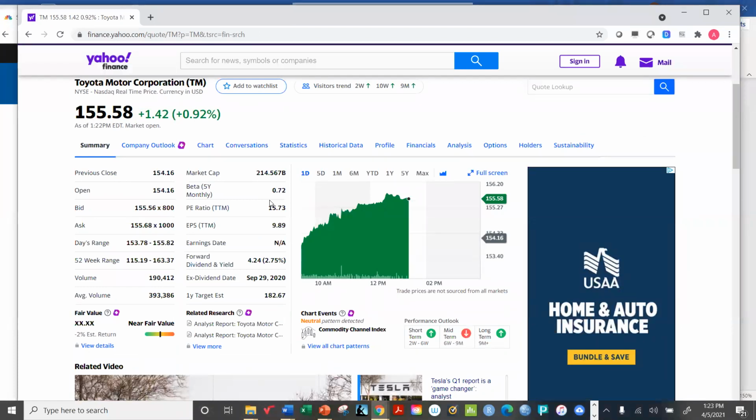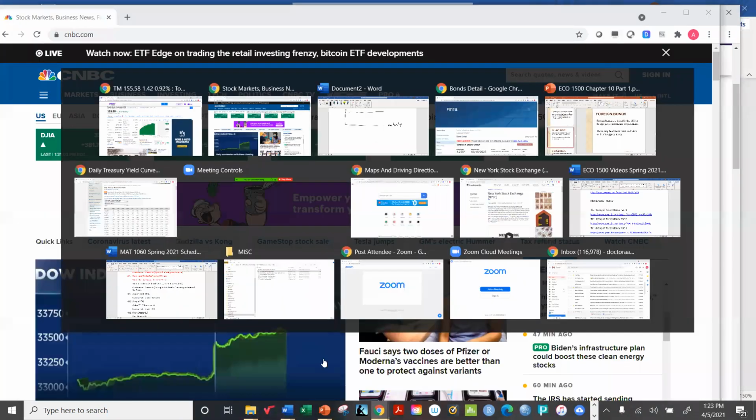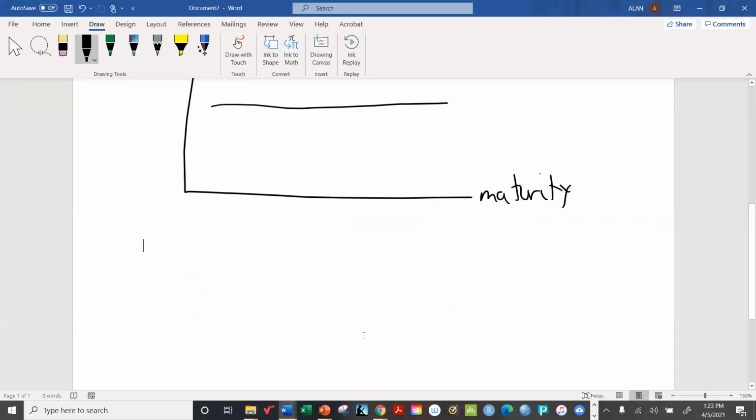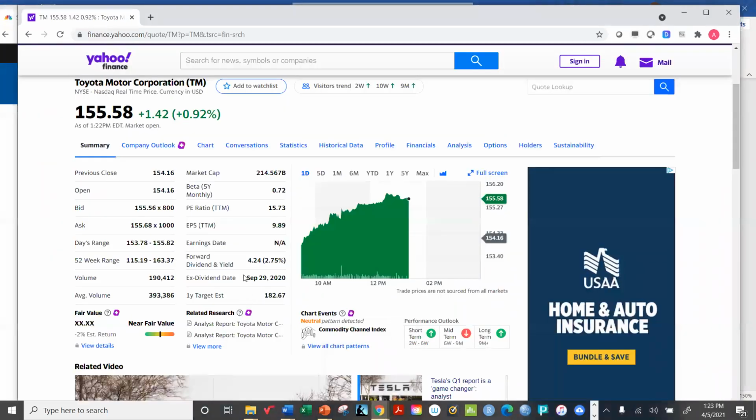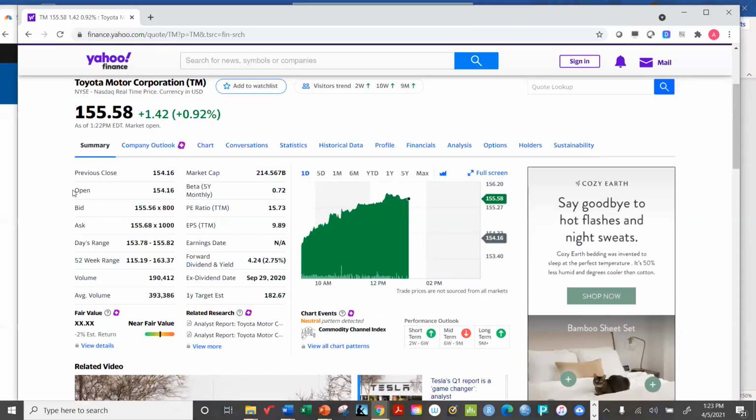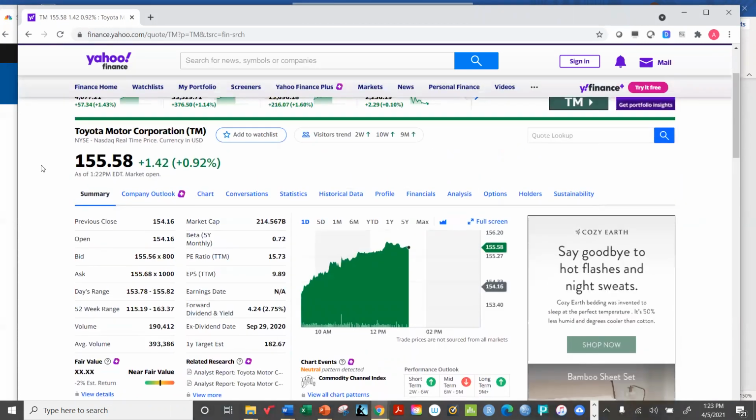It's called an American Depository Receipt, ADR, which means that it is Toyota stock, but it is denominated in dollars. So when American investors buy Toyota stock, they're getting shares that are priced in dollars. In Japan, they would be priced in yen. So as an American, you can buy Toyota without having to worry about exchange rates.